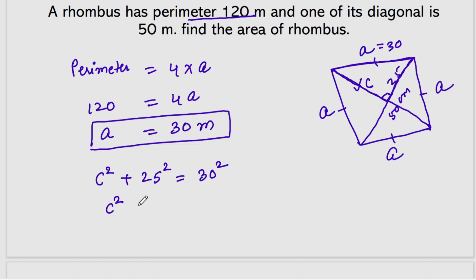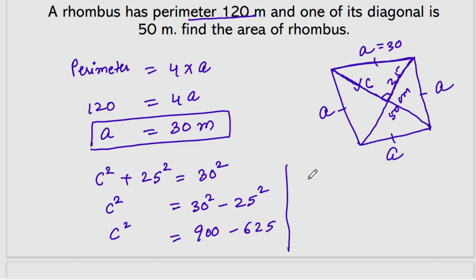So C square equal to 30 square minus 25 square. 30 square is 900 and 25 square is 625. So from here you will get C square equal to 275. So C will be equal to under root 275.